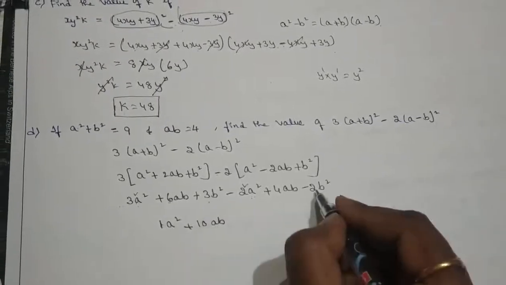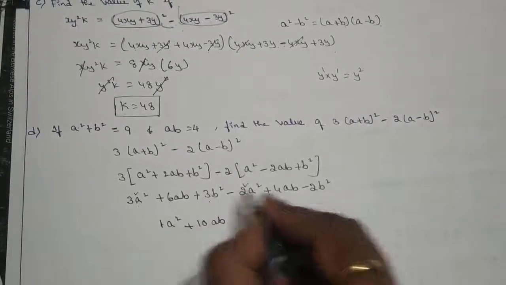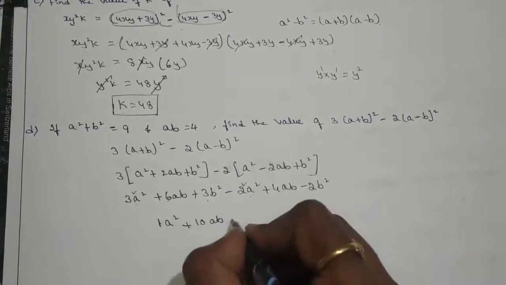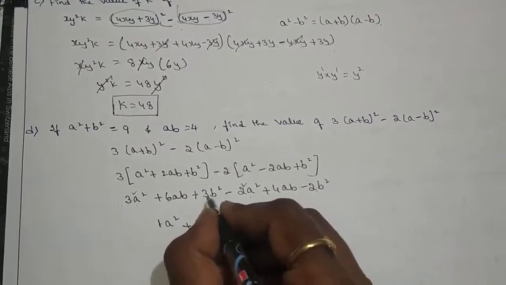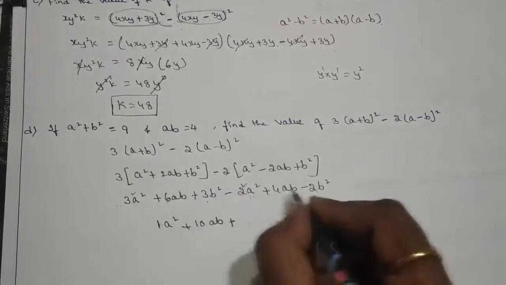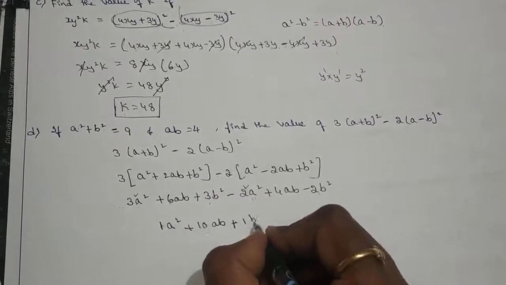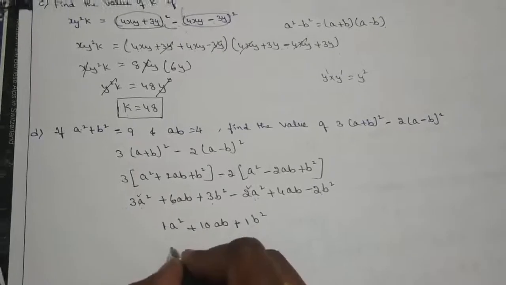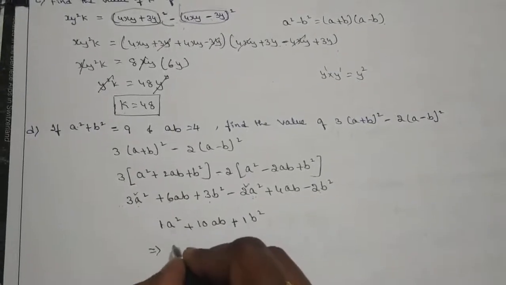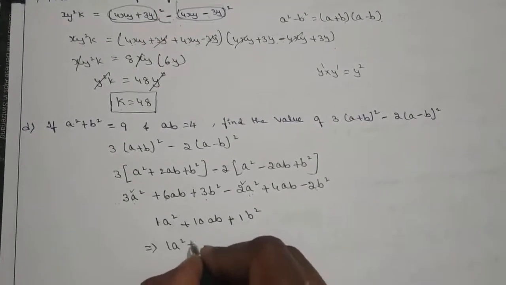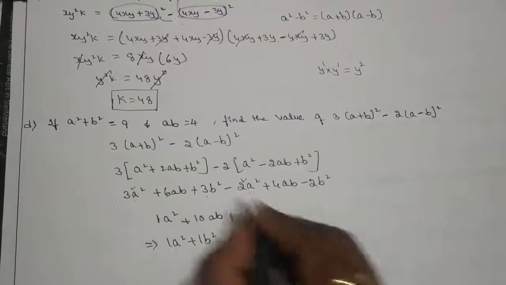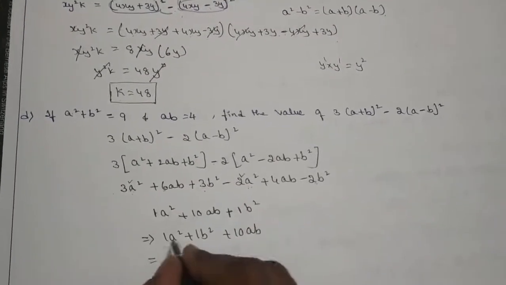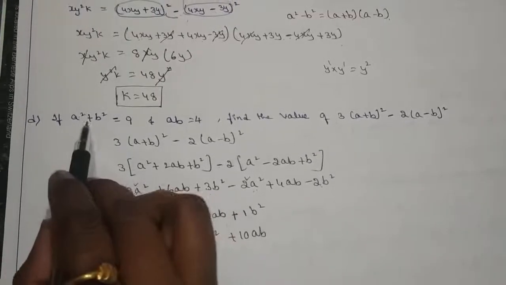Then plus 3b square minus 2b square, unlike signs with like terms, take the sign of the greater number, plus 3 minus 2 is 1b square. Which implies 1a square plus 1b square plus 10ab. I'll rearrange the terms. 1a square plus 1b square is nothing but a square plus b square.